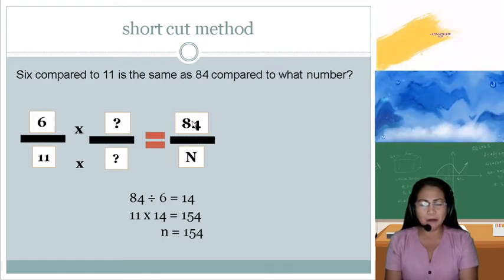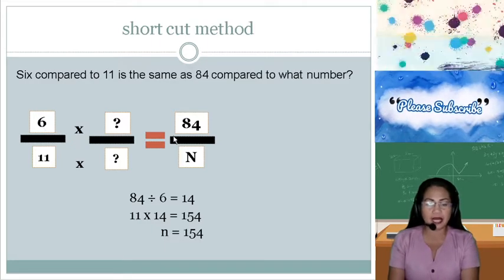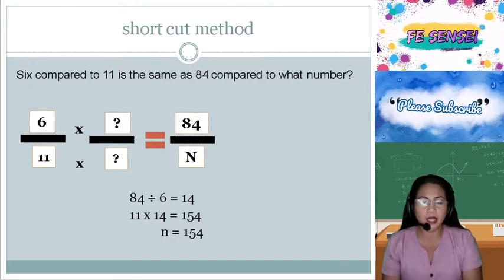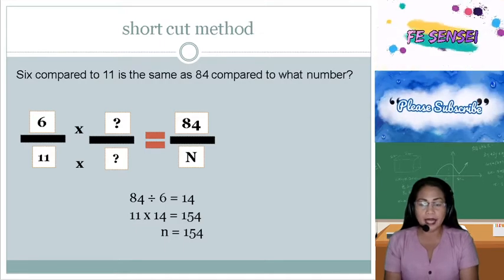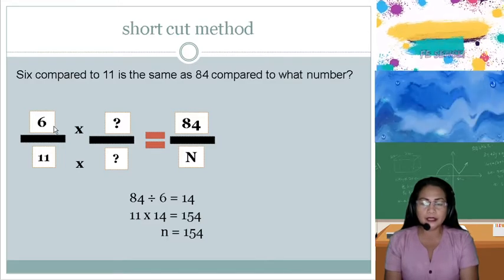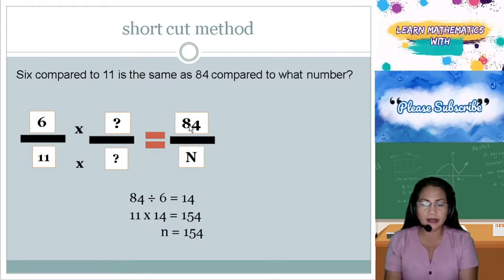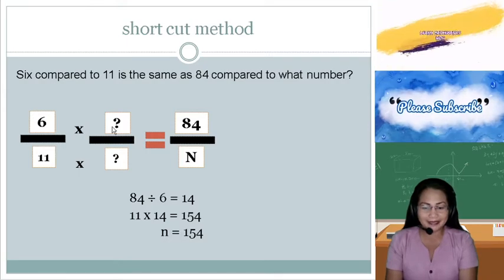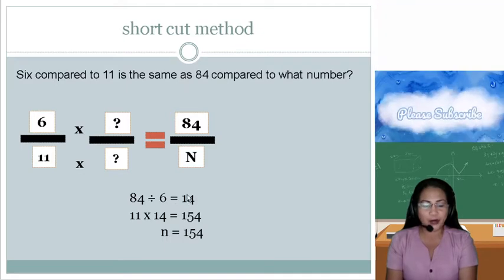What number do we multiply with 6 that gives us 84? Okay, to get it, we have to do the opposite operation. Since we don't know the other factor, 6 times blank equals 84. So do the opposite. 84 divided by 6 equals n. So 84 divided by 6 equals 14.